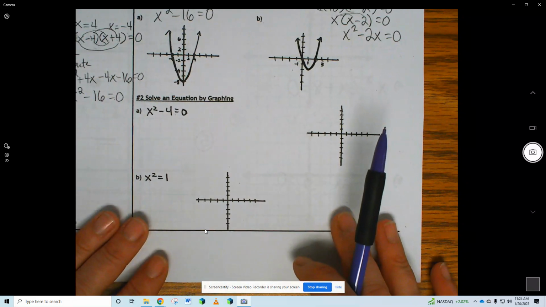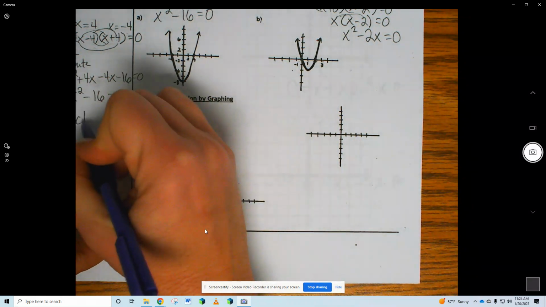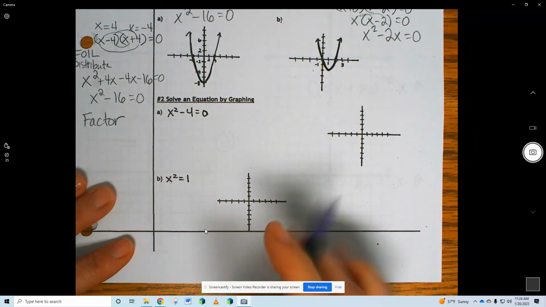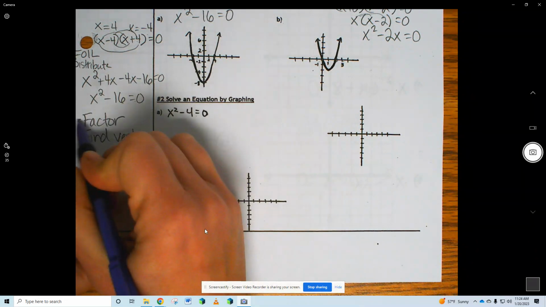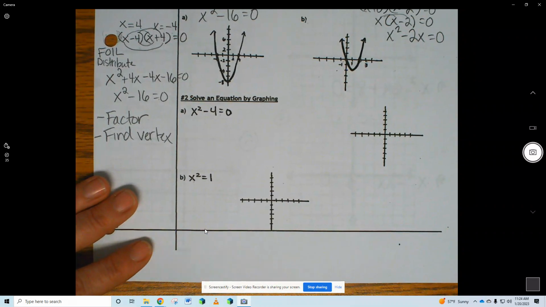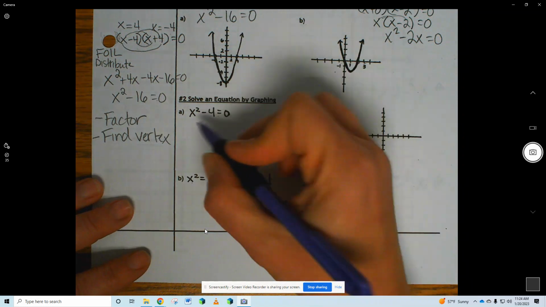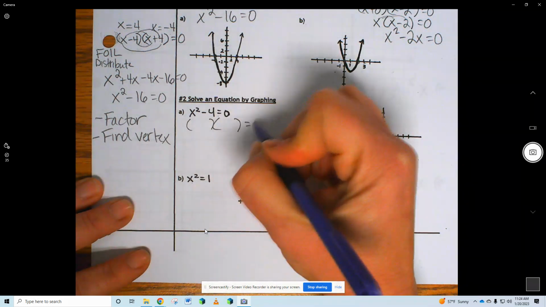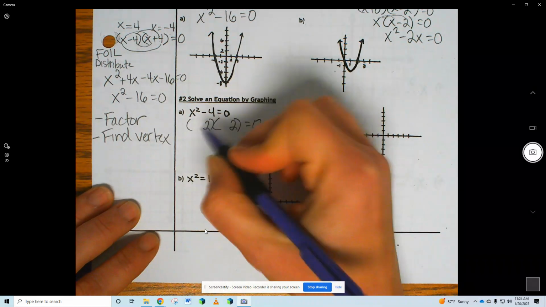All right, number 4. This is now kind of opposite. I'm giving you the equation and we have to graph it. We are going to factor, and then we're going to find the vertex. How do I factor x squared minus 4? What are the things that make 4? 2 and 2. But there's no middle term.